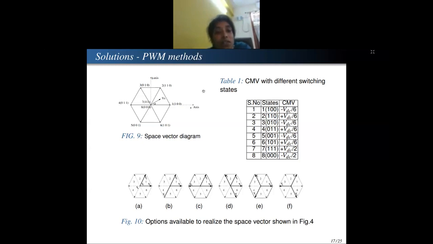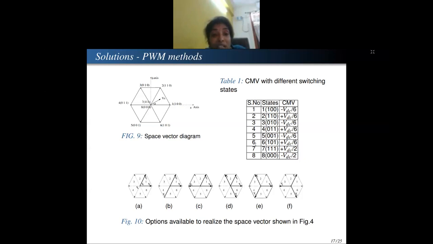Correct? So if you look at the common mode voltage of each of these states, the active vectors have plus or minus VDC by 6. What is this common mode voltage? It is the average of all three voltages I have defined: VAO plus VBO plus VCO divided by 3. And I get plus or minus VDC by 6 for all of the active vector states.